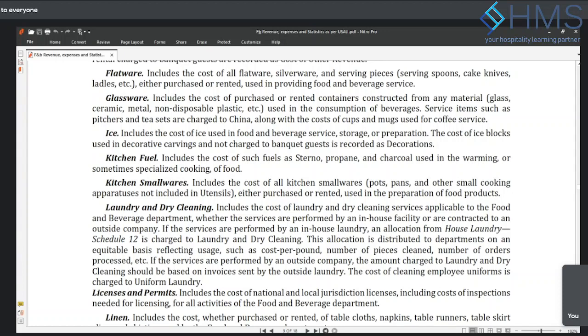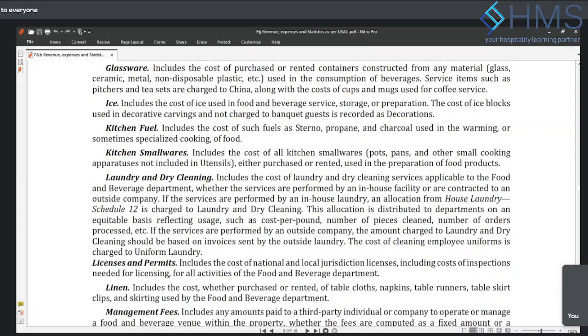So we will see per unit cost at $40 if we are buying in bulk. If we are buying single units, then we will see if it's $100. So that's the criteria: either $100 individually or $1,000 for a bulk item. But if it's lower than that, then we will charge to expenses. So you have to follow the accounting policy of the hotel. You have to read the capitalization policy to treat the kitchen smallwares.